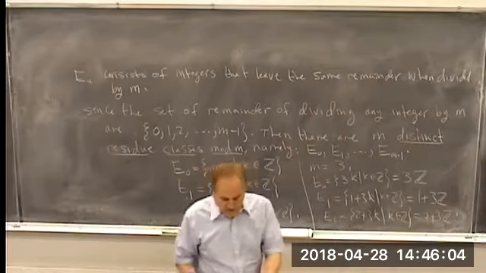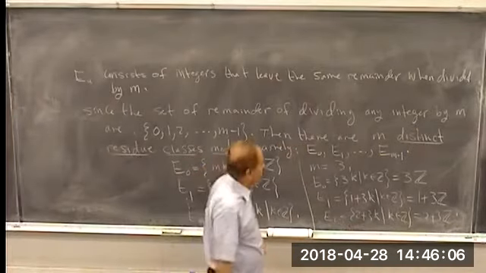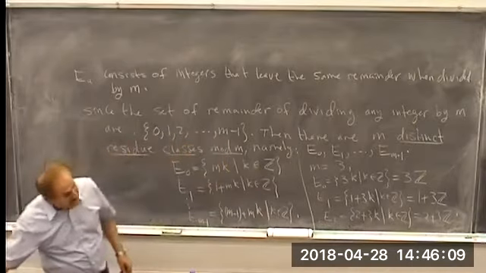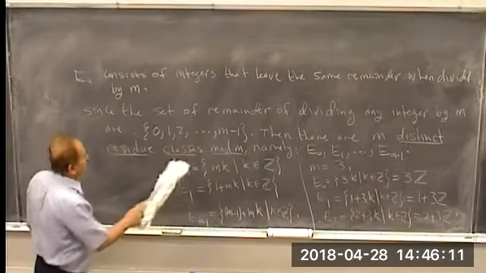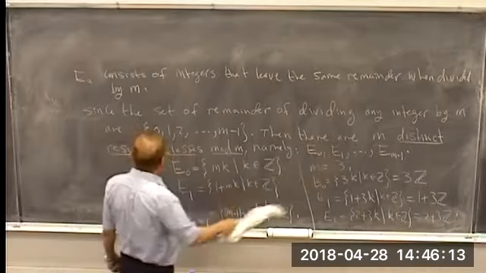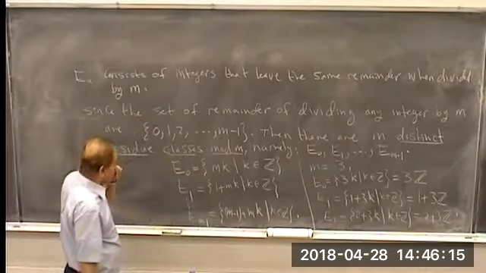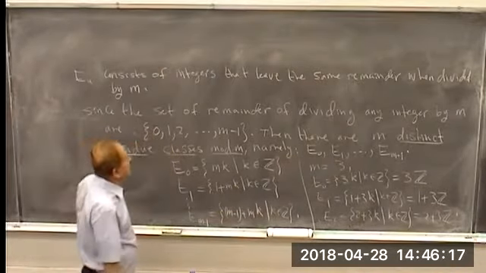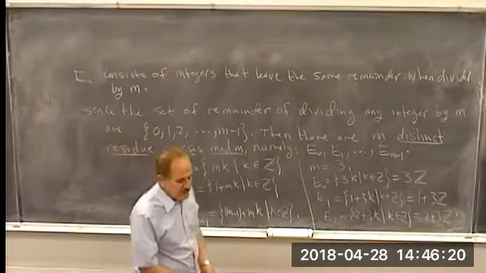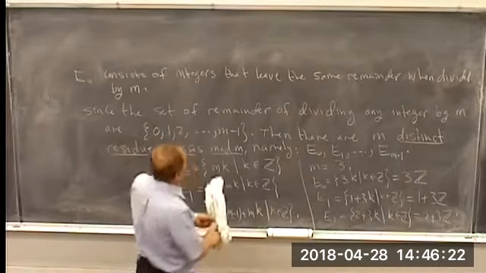Now we refer to the integers that produce all these distinct residue classes. We call these the least non-negative residues mod m.